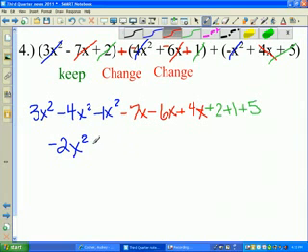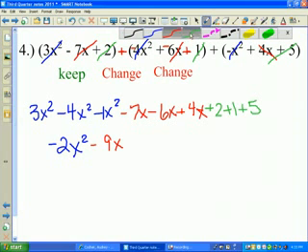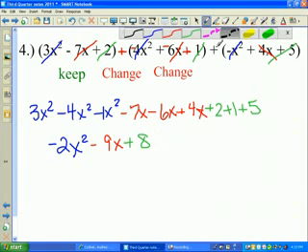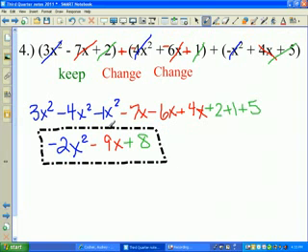Negative 13 plus 4 will give me a negative 9x. And then lastly, 2 plus 1 is 3, plus 5 is 8. As you can see, I don't have any other like terms, so there's my solution. So negative 2x squared minus 9x plus 8.